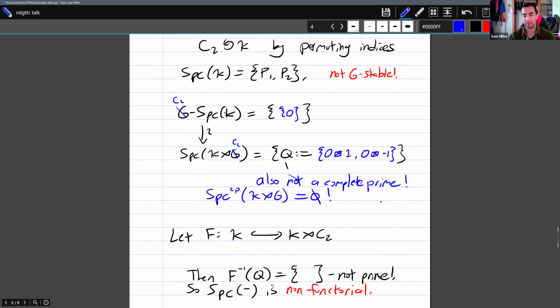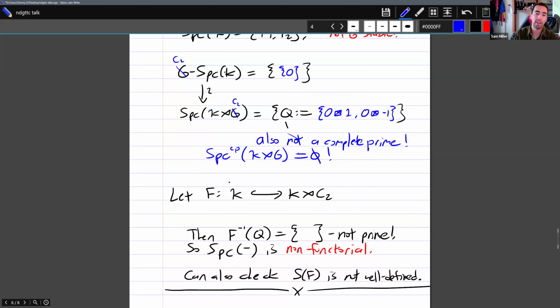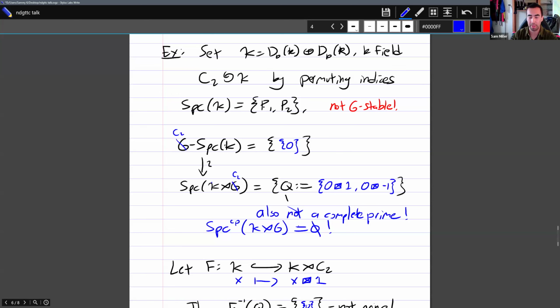And I can also give some examples of non-functoriality as well. We have this inclusion F from K to KC2. This will just send X to X tensor 1. And so to note this prime Q, F inverse of Q will just be 0 in K. I've written down what the primes are in K: there's P1 and P2.